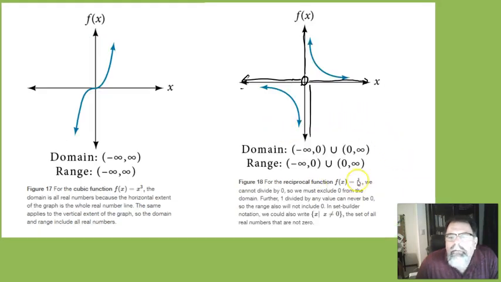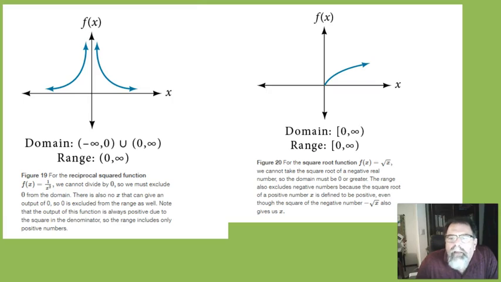Where was the 1 over x? So if you have 2 over x plus 1, we'll learn about some of these, what we call transformations. But basically the overall shape is going to be similar to this. It's just going to get shifted, and then the 2 is going to kind of distort the shape a little bit. But the basic shape is going to be something similar to this.